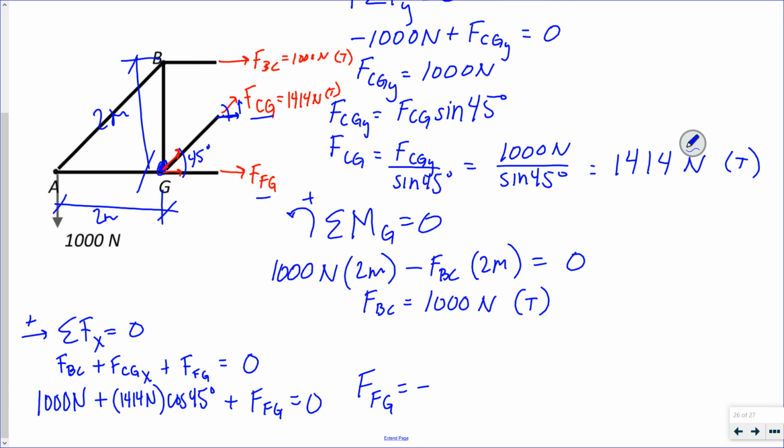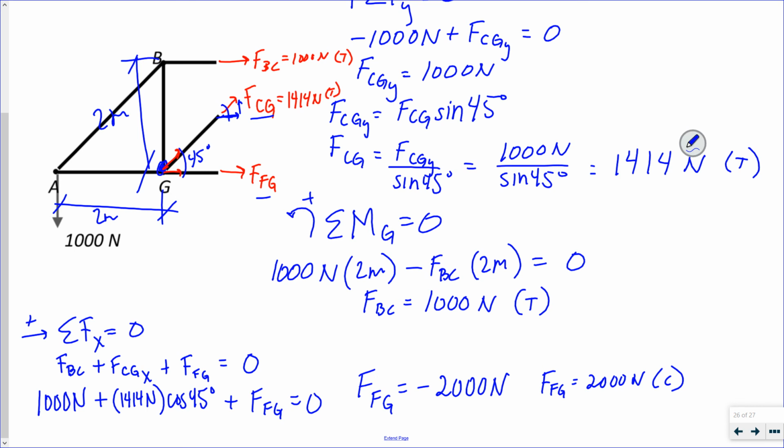Get out your calculators. I get negative 2,000 newtons, so FFG is 2,000 newtons in compression.